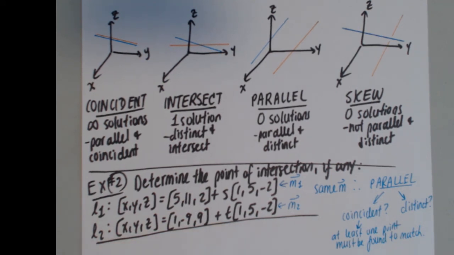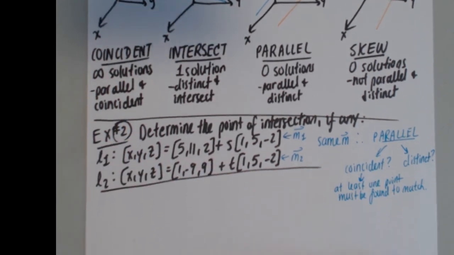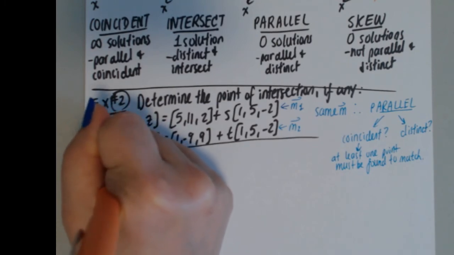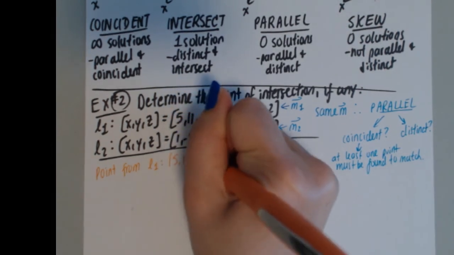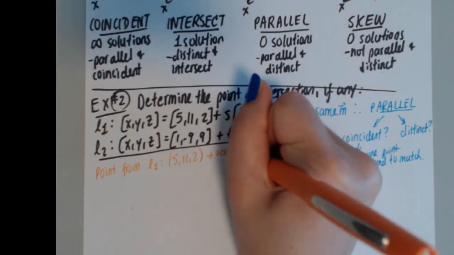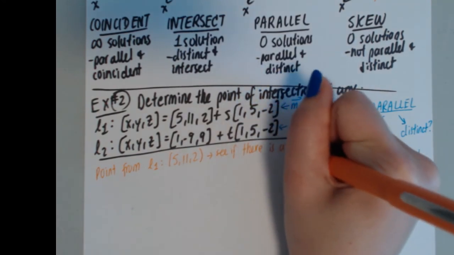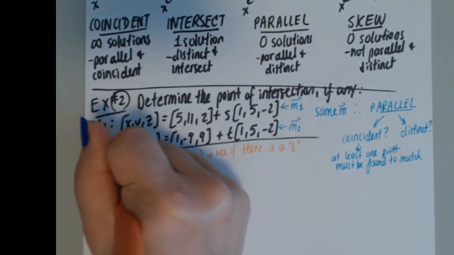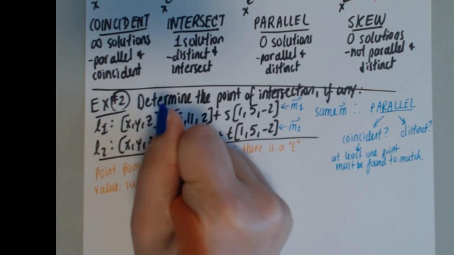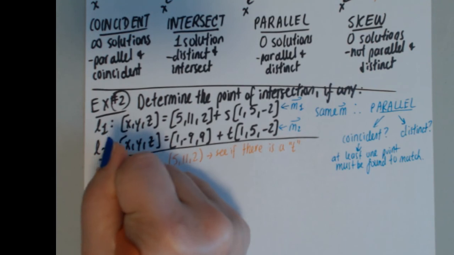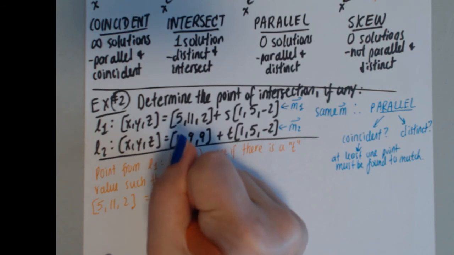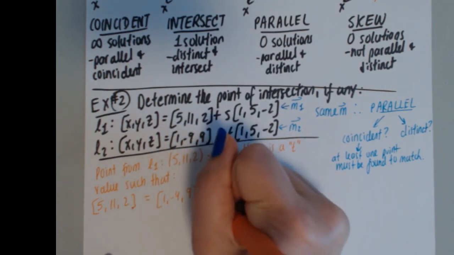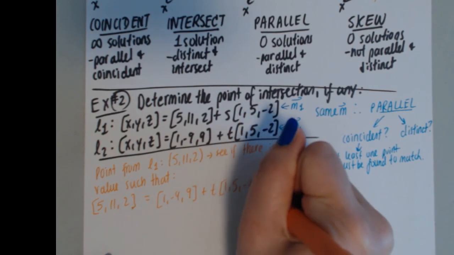I'm going to take the point (5, 11, 2) from L1 and see if there is a t value such that the vector (5, 11, 2) equals (x, y, z), which is (1, -9, 9) + t(1, 5, -2).